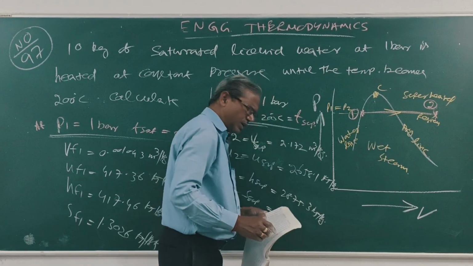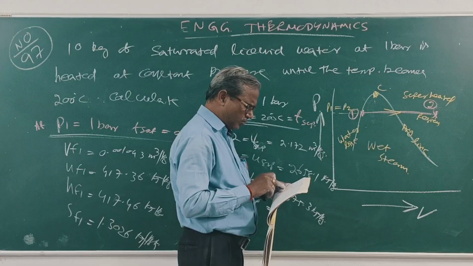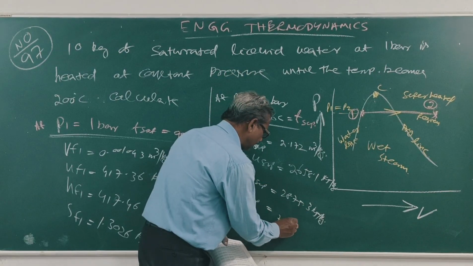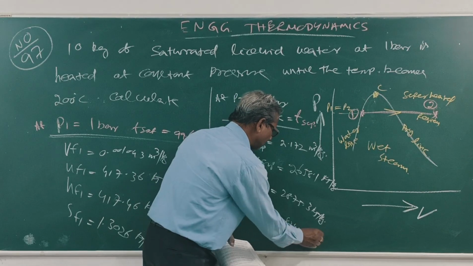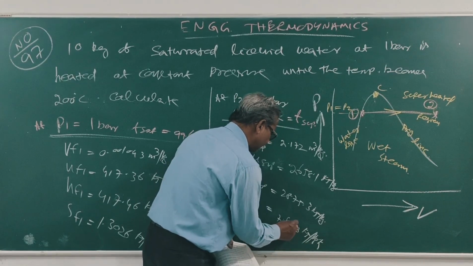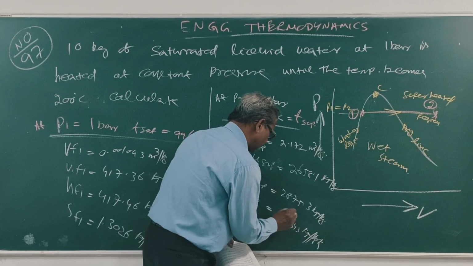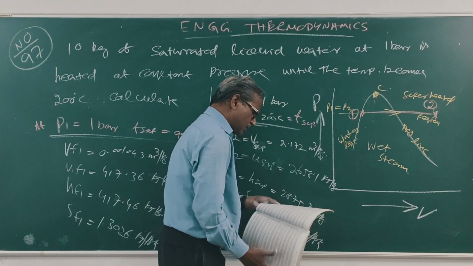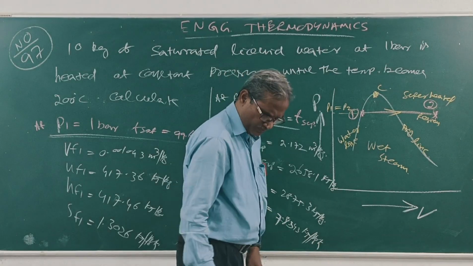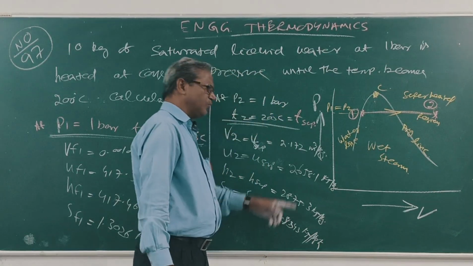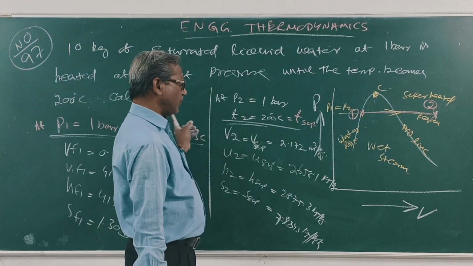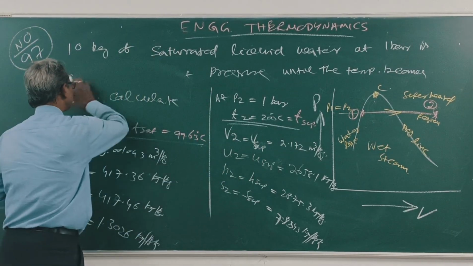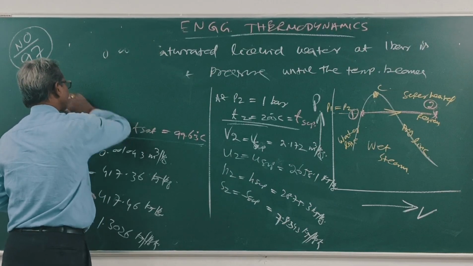Clear? S2, S superheated, is 7.8343 kJ per kg Kelvin. Right? These are values at condition number 2. State 2 is superheated, state 1 is saturated liquid. Now find all the values. M is 10 kg. Clear?